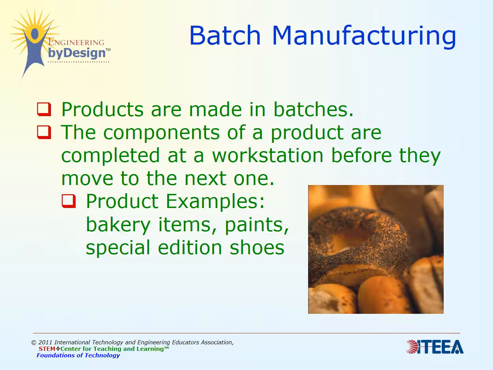Batch manufacturing. Products that are made in batches. The components of a product are completed at a workstation before they're moved to the next one. Examples: bakery items, like the bagels that we see on the screen. You'll have paints. You'll have special edition shoes.